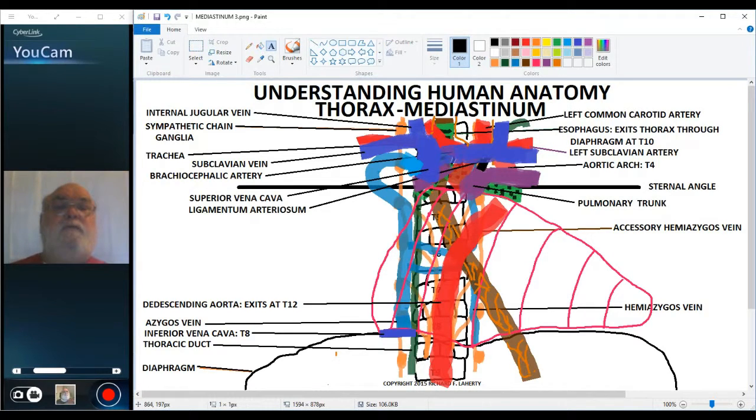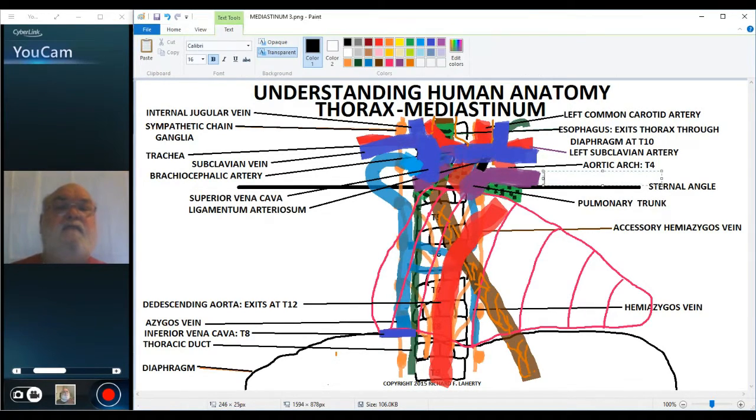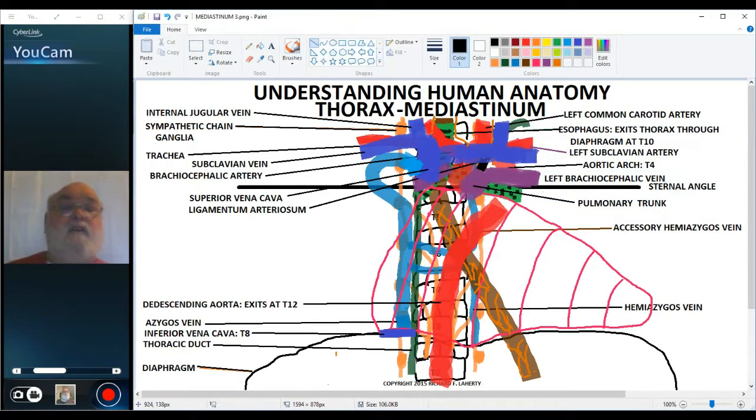So let me label the left brachiocephalic vein. And I'll draw a line to it here.